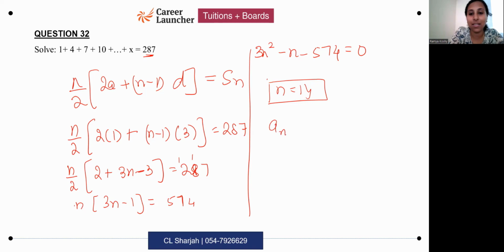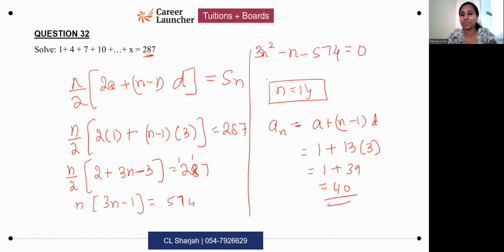Yes. So you get an is equal to a plus (n minus 1)d, which is 1 plus 13 multiplied by 3. So you get 40 as the answer, correct.